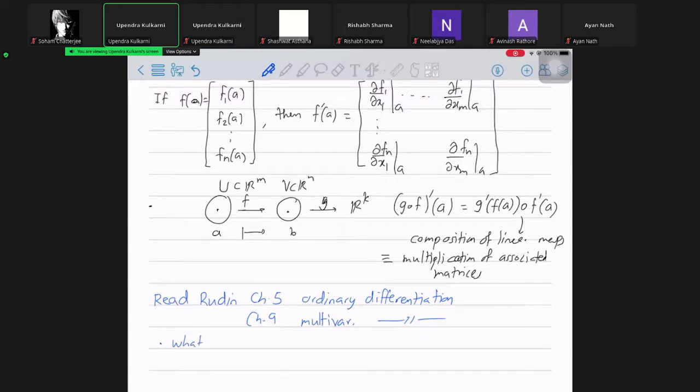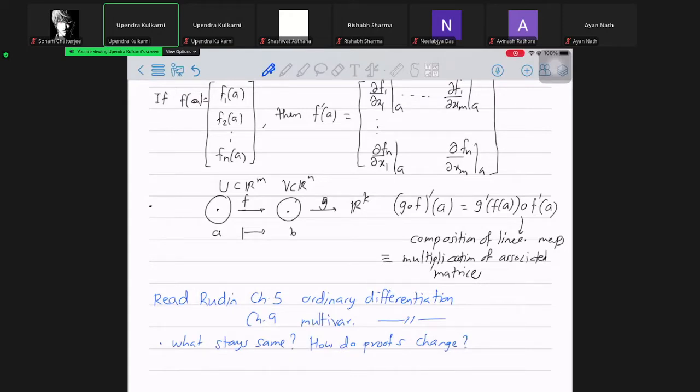And the questions to ask yourself are: what results stay the same? If the results stay the same, do the proofs stay essentially the same, or do the proofs need to be modified? How do proofs change? For example, chain rule is an example of this.